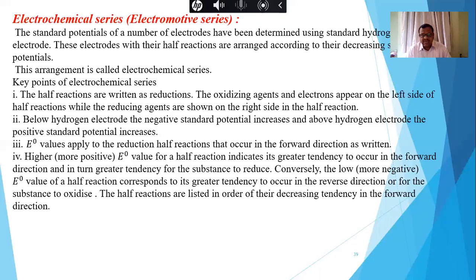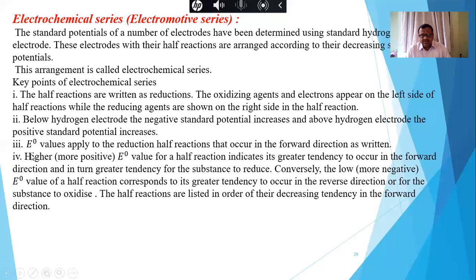The oxidizing agent and electrons appear on the left hand side of the half reaction, while the reducing agents are shown on the right hand side. Next point, below hydrogen, the negative standard potential increases, and above hydrogen, the positive standard potential increases.